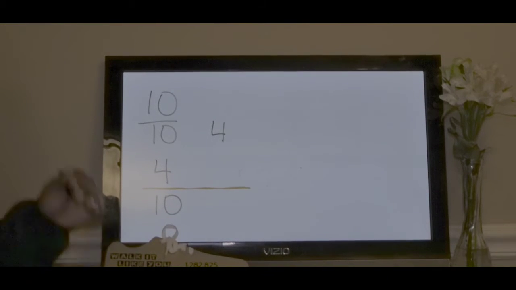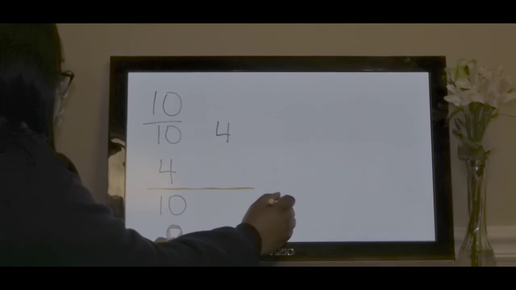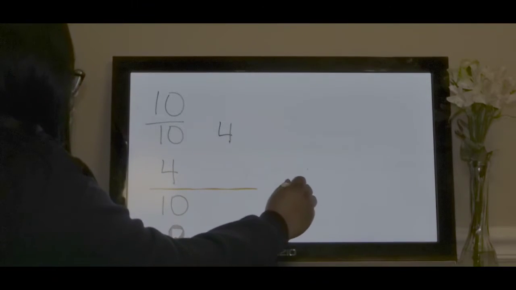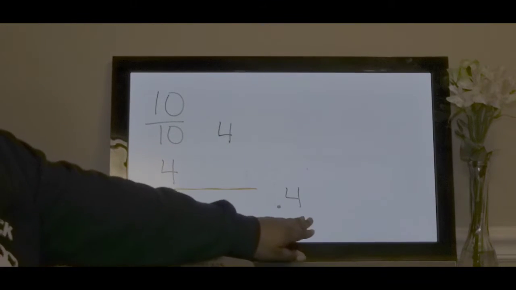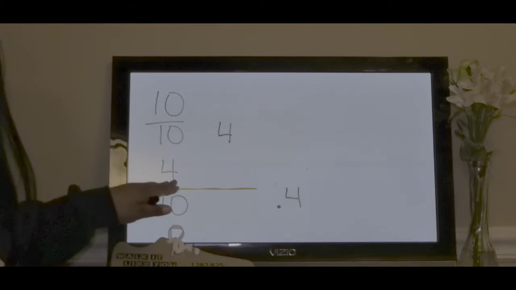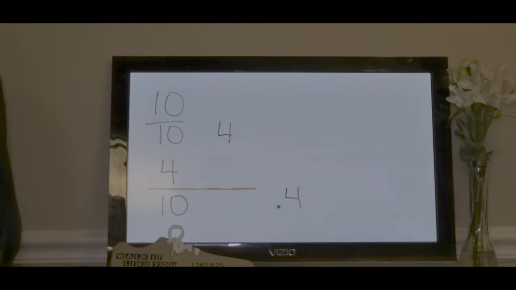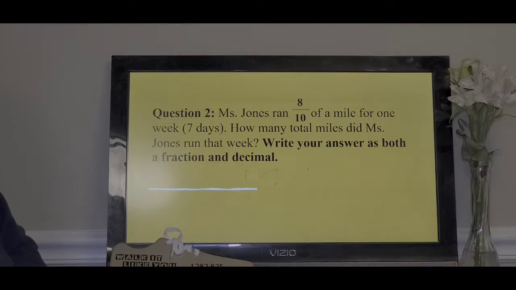If we were to look at a decimal, because it is tenths, the decimal would go right in front of the 4, and this is the tenths place value. 4 tenths. George has 4 tenths of banana bread left.